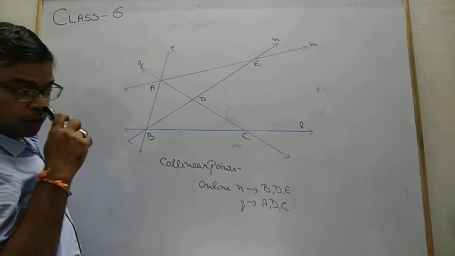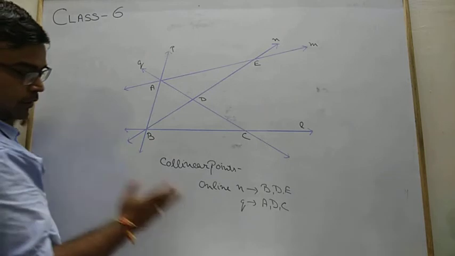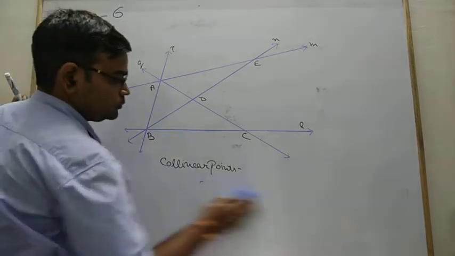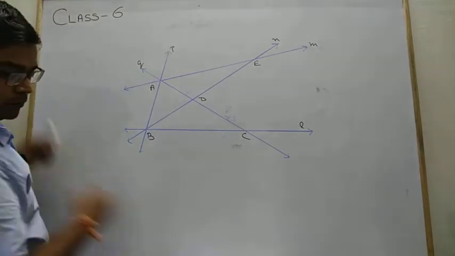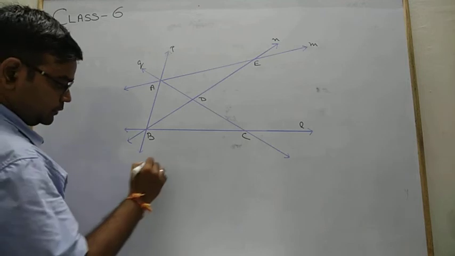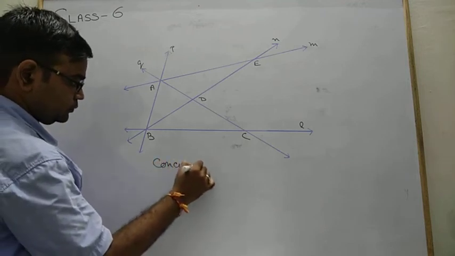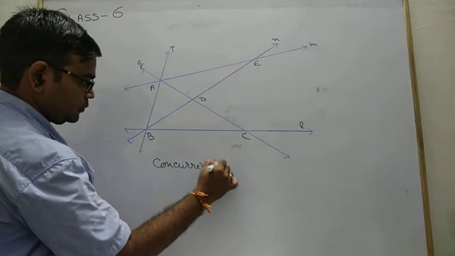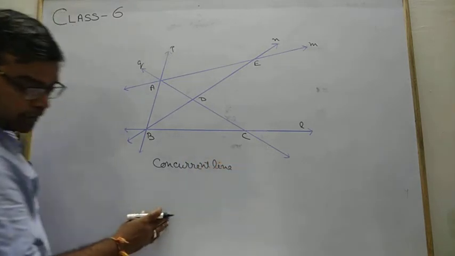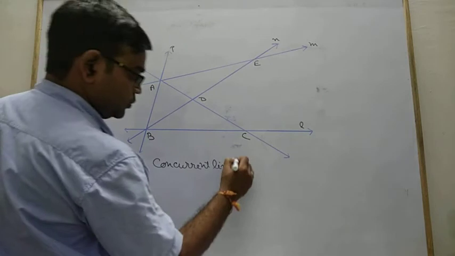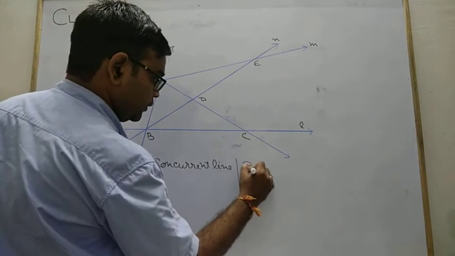Now it's about concurrent lines. I'm going to rub this one. Concurrent lines and their points of concurrence. So we can write down point of concurrence.